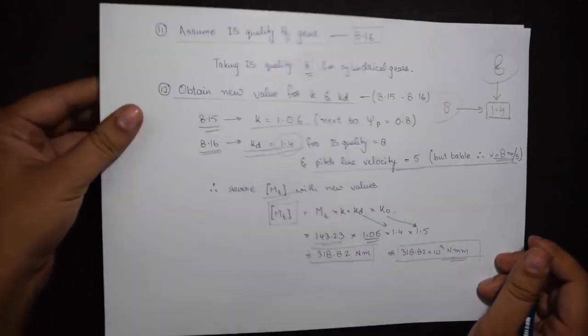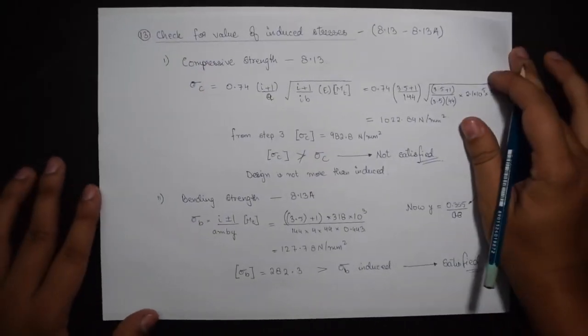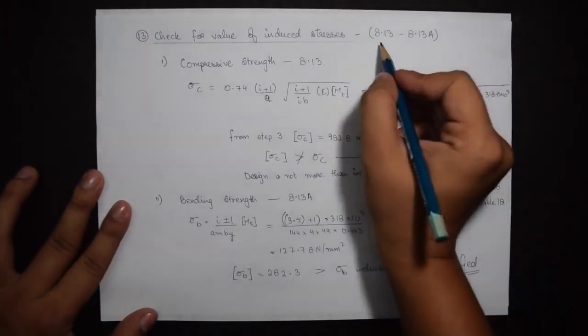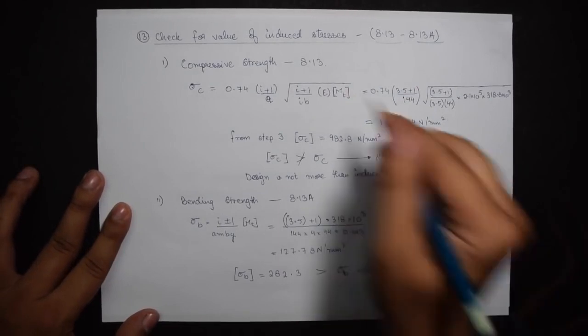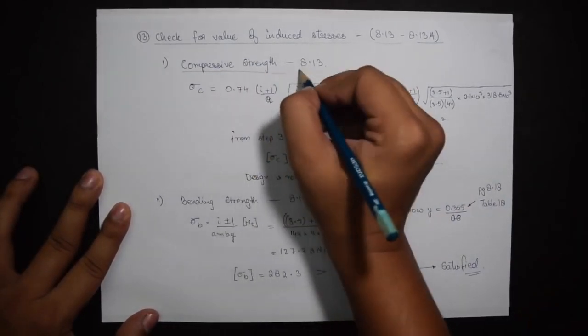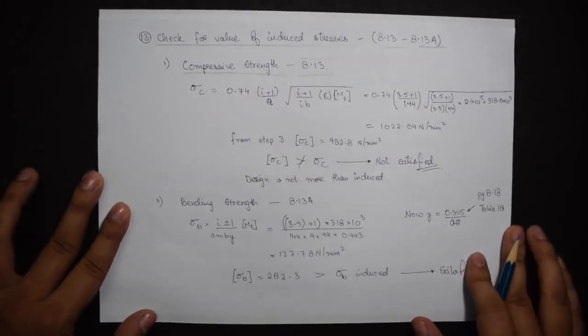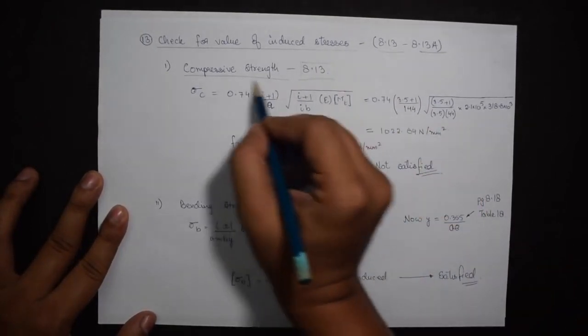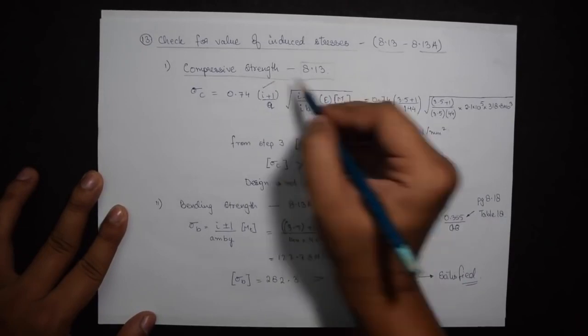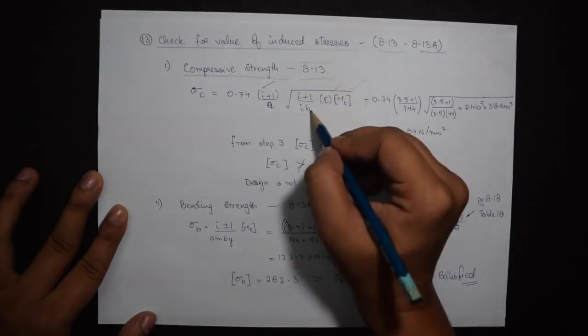Finally, let us calculate the induced stresses from 8.13 and 8.13a. Compressive strength is given on page 8.13. We'll be using this formula, sigma c is equal to this one, where we know the value of I, E and MT. Also we know B is equal to 44.